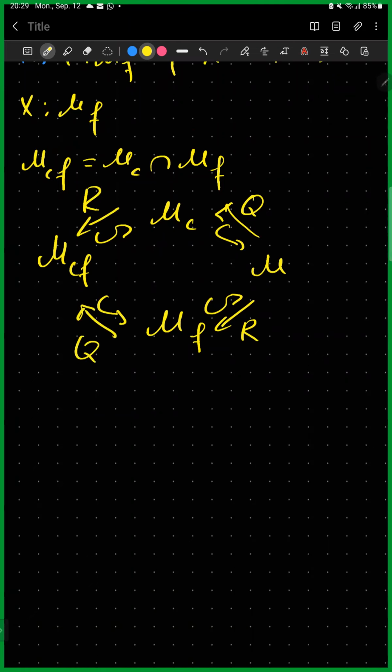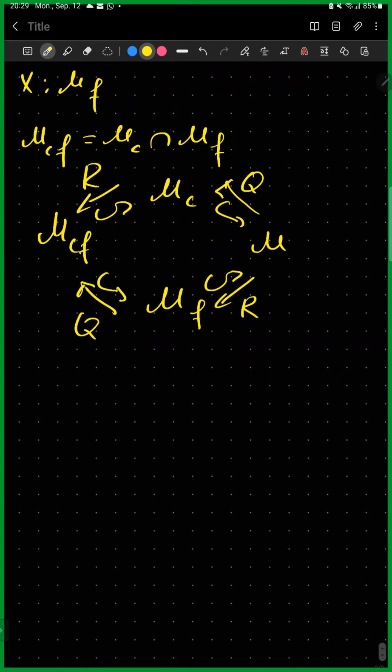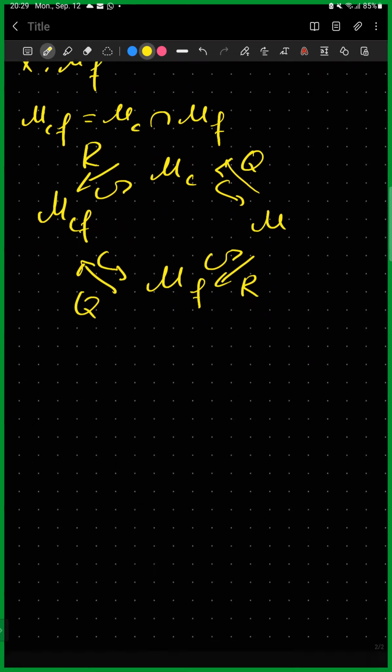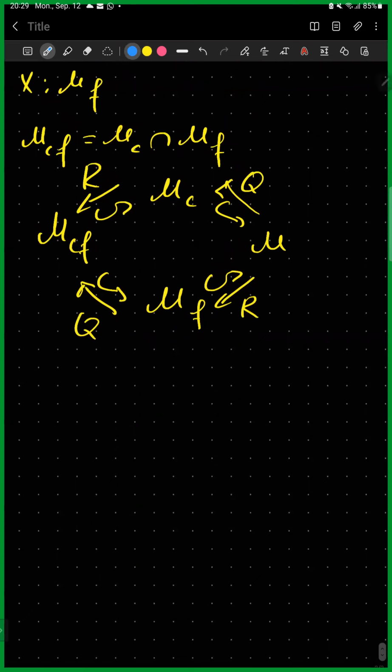And since fibrant and cofibrant replacement preserves weak equivalences, we have the following proposition.